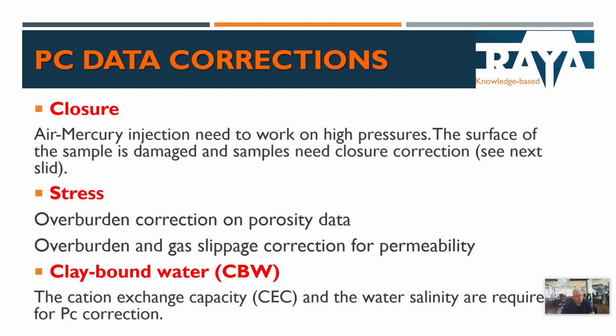The closure correction we use just for air mercury injection PC data, as I explained before, because the injected mercury at high pressure damages the surface of the plug. We need to correct the PC data for closure effect.